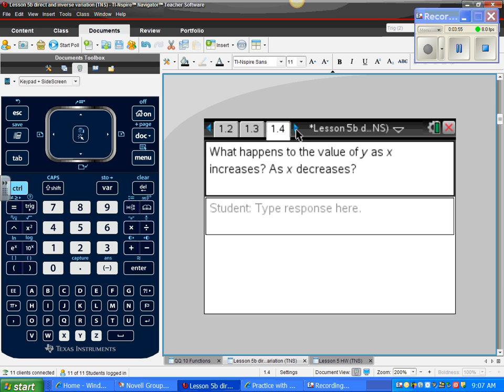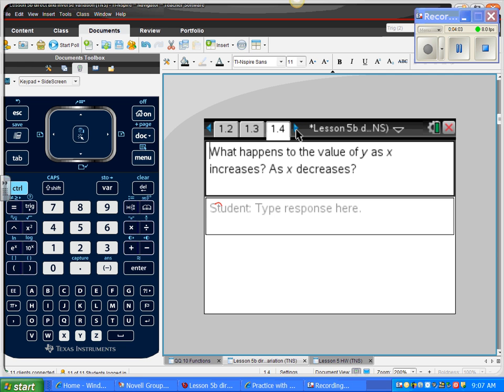As x decreases, y decreases. It's always the case for direct variation, not for inverse, which we're going to talk about in a couple minutes.